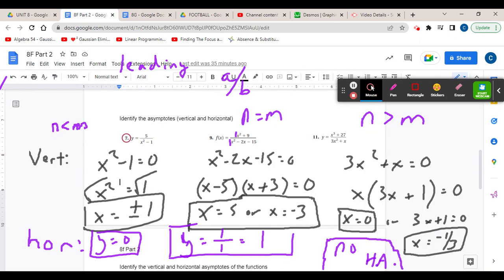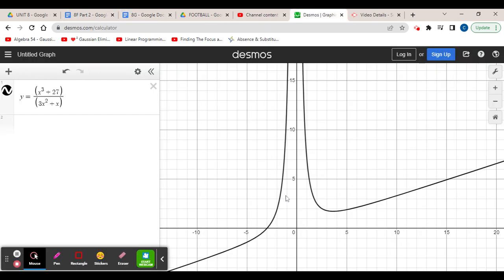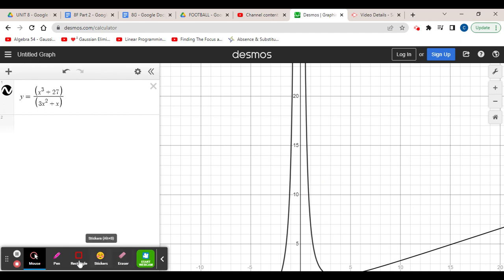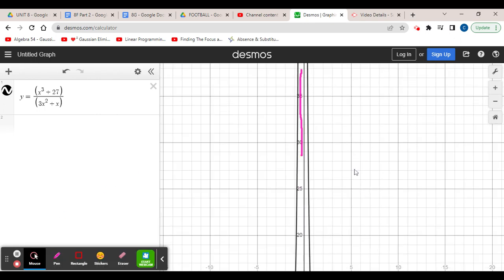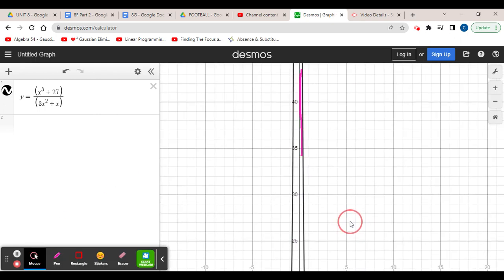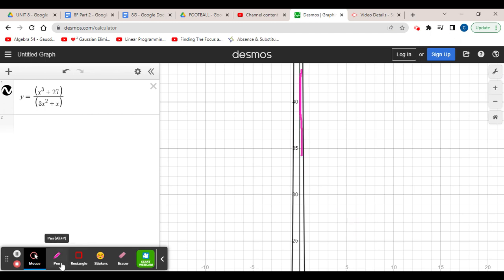No, x equals 0. Sorry, x equals 0 and x equals negative 1/3. So x equals 0 is one asymptote. So the y-axis is one asymptote. And then x equals negative 1/3, which is probably somewhere right around there.